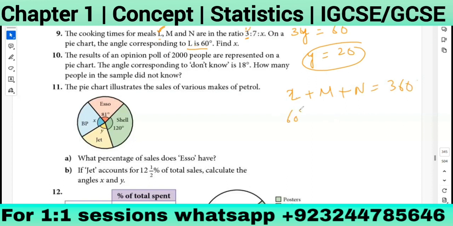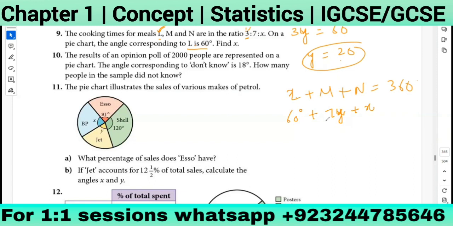L is 60 degrees, plus what is M? 7 into any variable y. We can write 7x, or 7 into y. If 7 into y, then we have the value of y, 7 twos are 14, 140, plus 60.